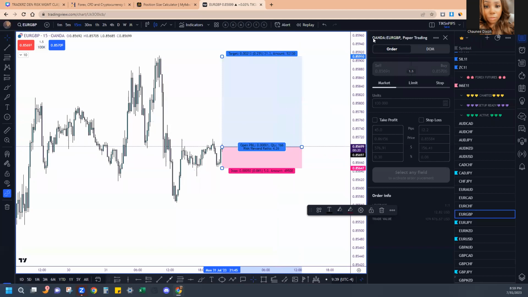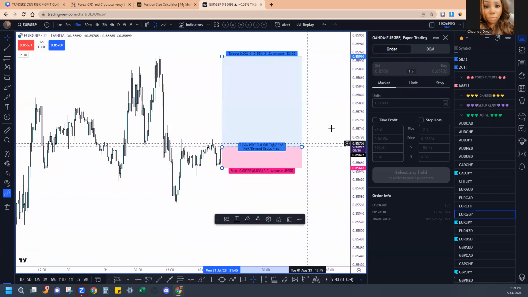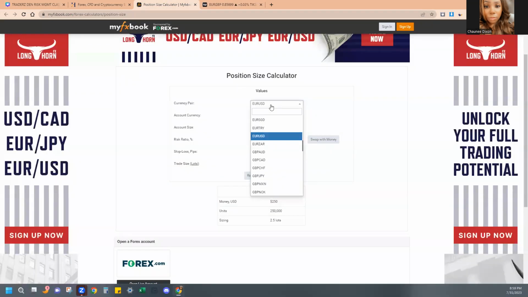When you have your bracket order open, TradingView is going to measure your lot size in units. In order to convert your lot size into units, first you need to figure out what your lot size is going to be. So let's pretend we plug this in. This is Euro GBP.